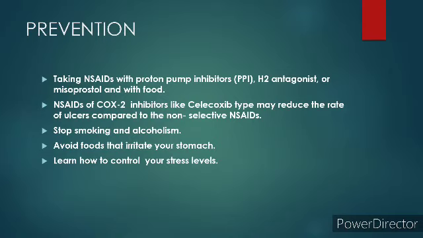So remember, if we are talking about prevention, first go to the causes, then do the opposite of the causes. So the first one we have said NSAIDs. NSAIDs means non-steroidal anti-inflammatory drugs like diclofenac, aspirin, and others. We should take them with proton pump inhibitors.